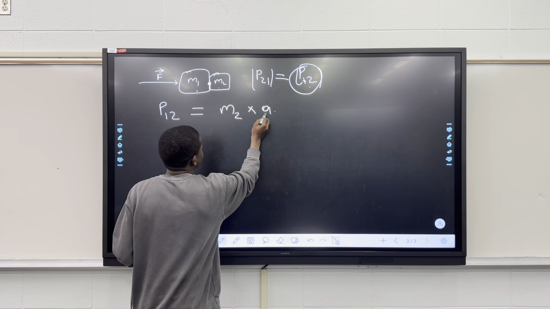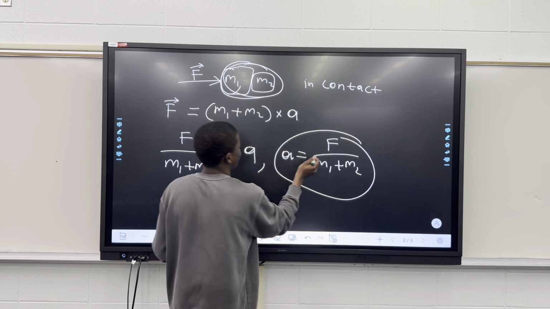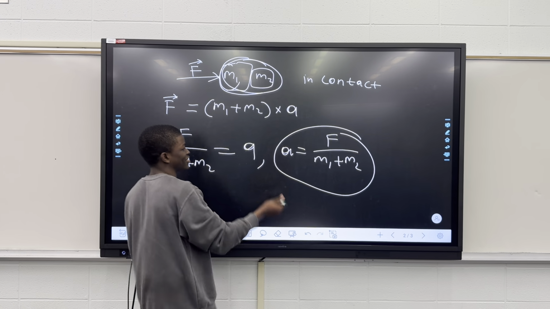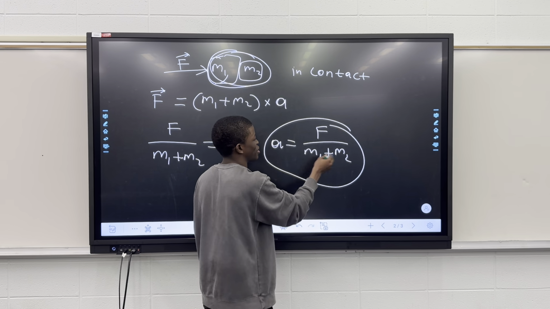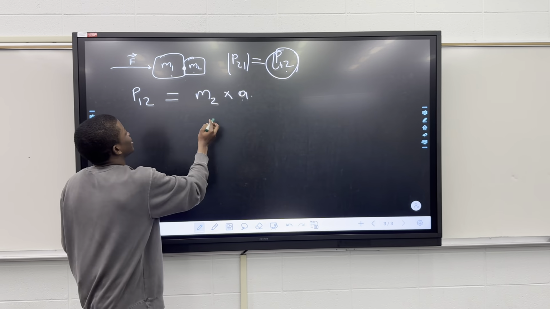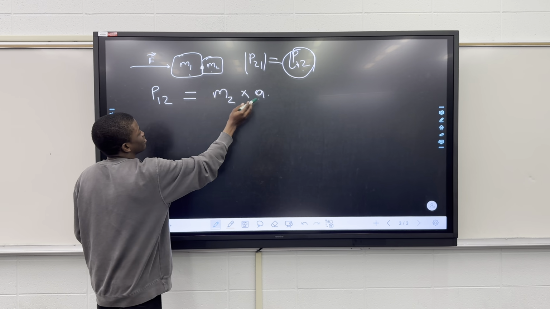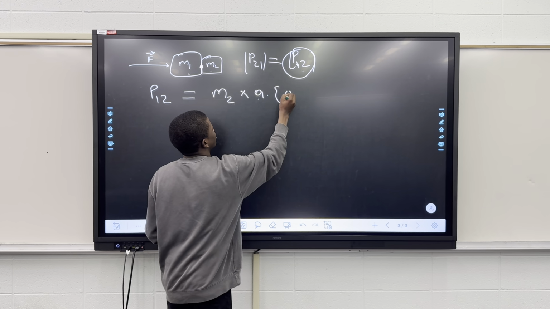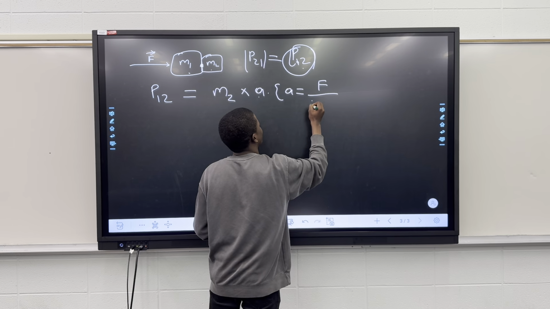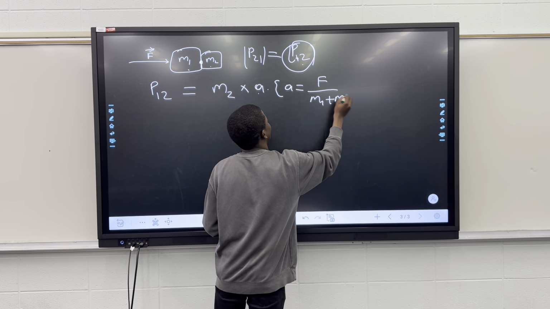The acceleration from the earlier part is A equals F over M1 plus M2.